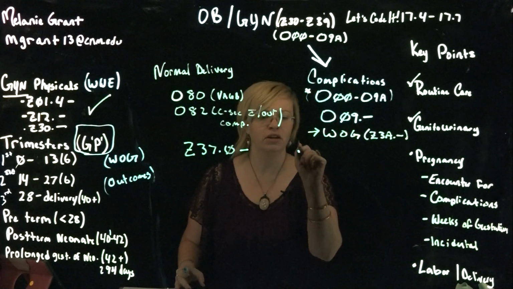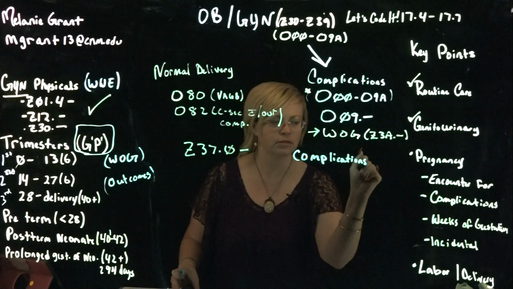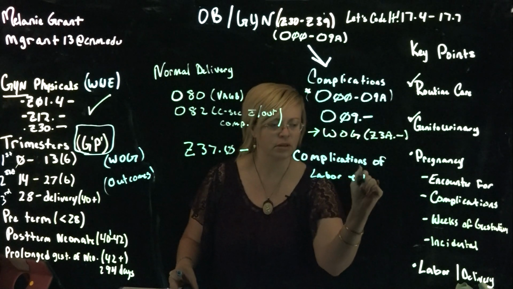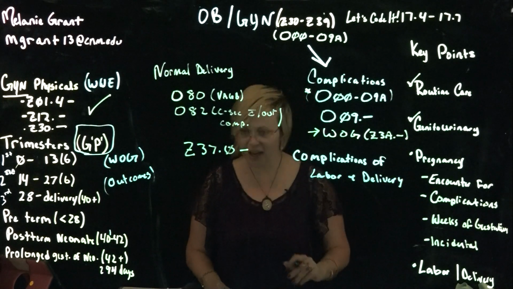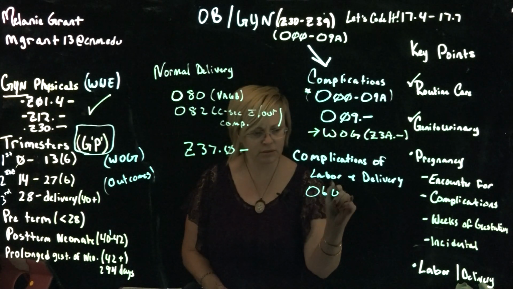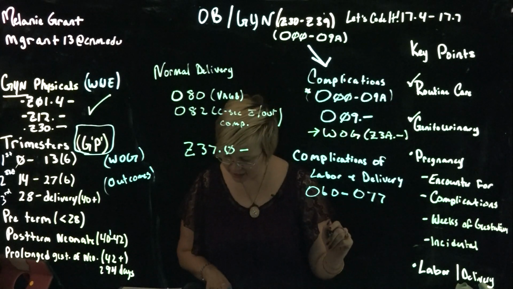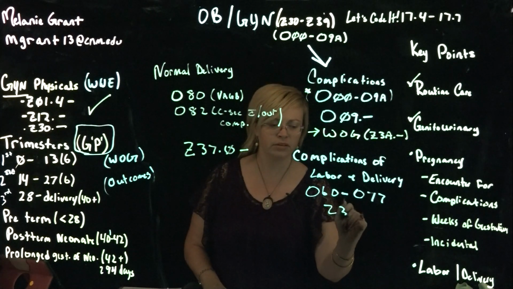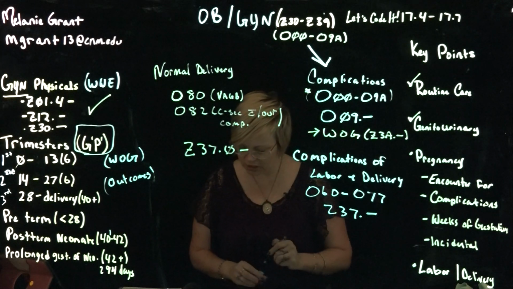So if I have complicated delivery of labor and delivery, and there's a few notes here, I'm going to have the complication code from O60 through O77, and I'm going to have the Z37 dot unknown for the type of delivery.